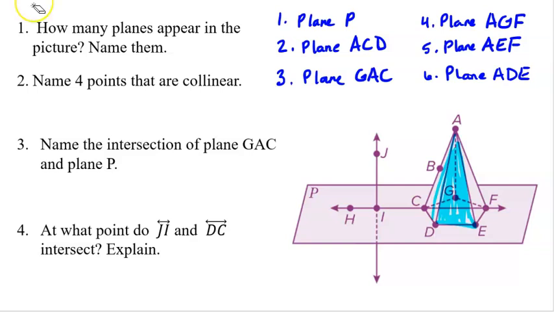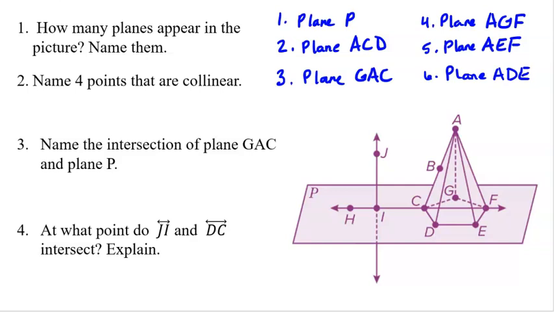And any combination or order with those three would be totally fine. And then remember that this bottom side here is part of plane P. So that means we only have 6 planes appearing in this particular figure.